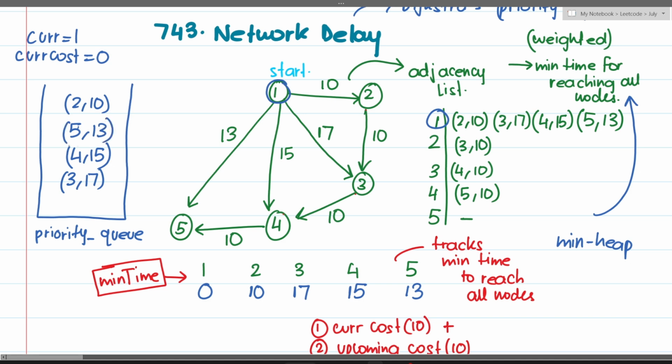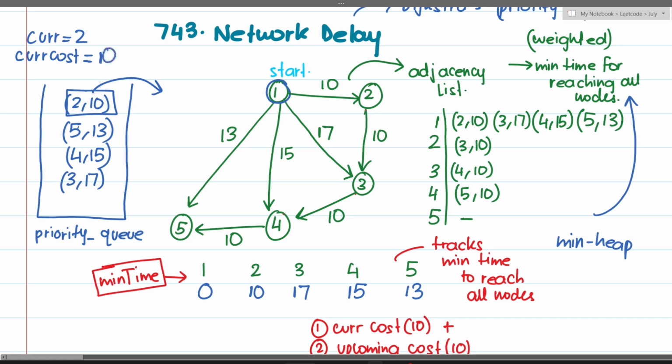Now this makes a lot of sense, right? Perfect. I have visited 1. Now what I will do is I will pop this particular pair from the priority queue, and my current node is going to be 2, and the current cost is going to be I think it's going to be 10.